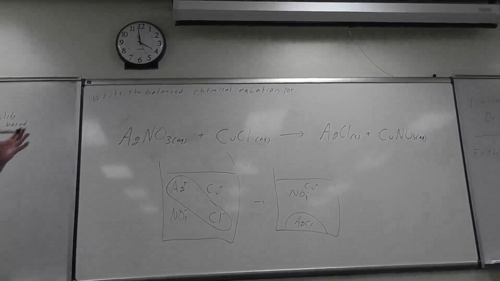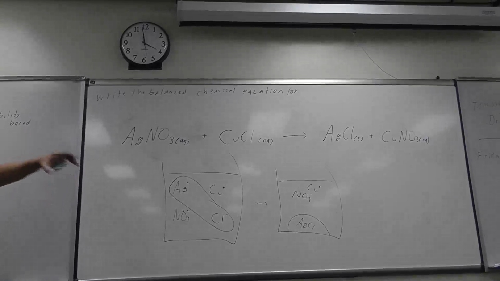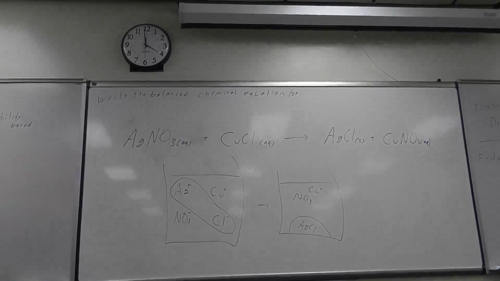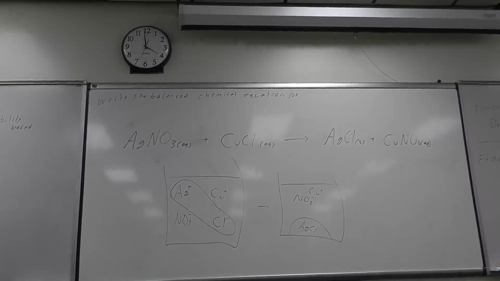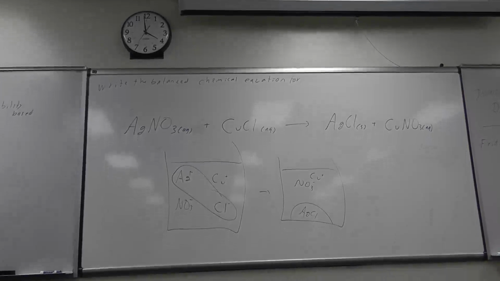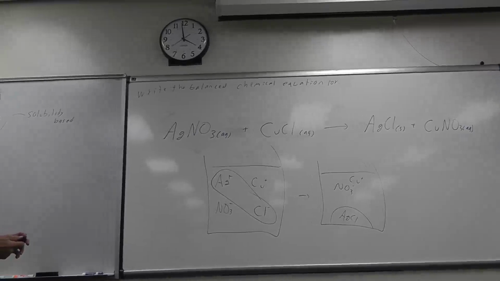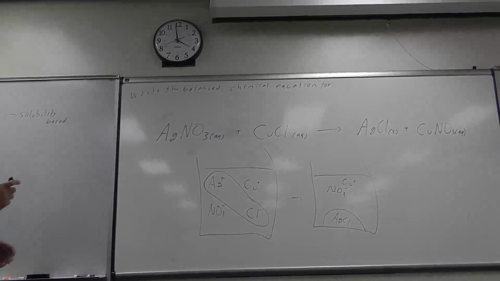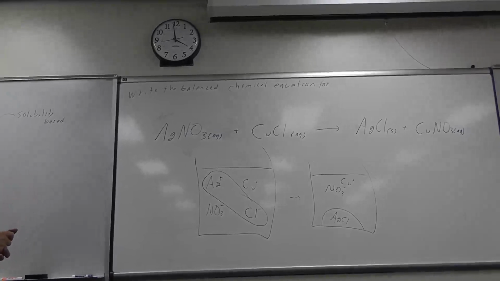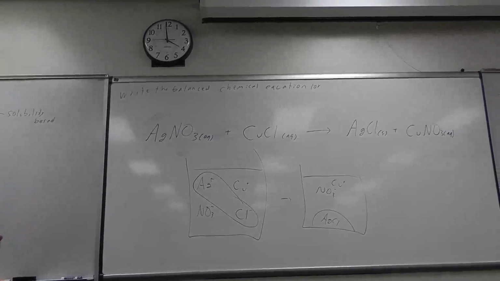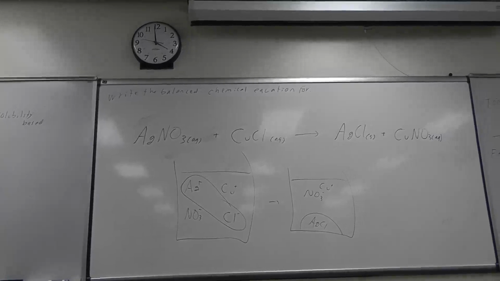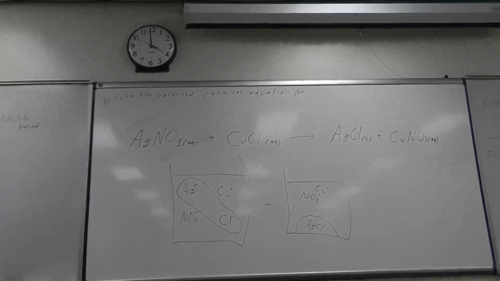And so you start with everybody in solution, but you end up with a solid that you didn't have before. So double displacement, most of the time, is a solubility-driven process where you form a solid. Not exclusively, but usually. That's going to be what happens.